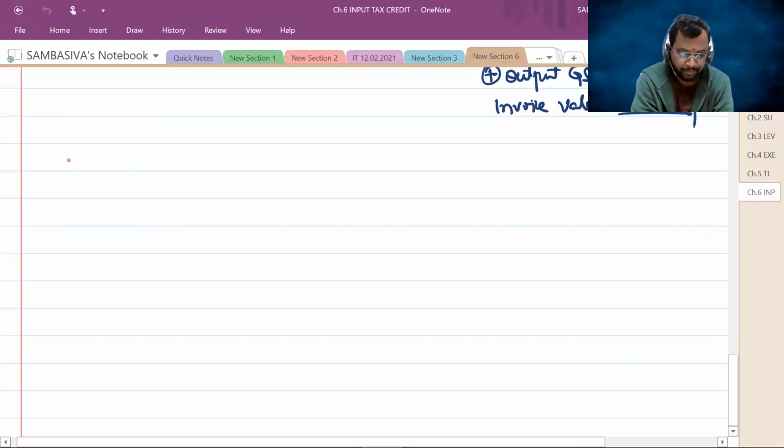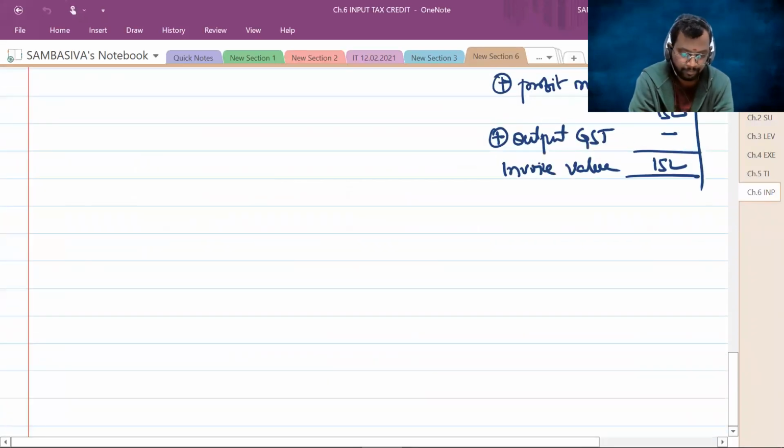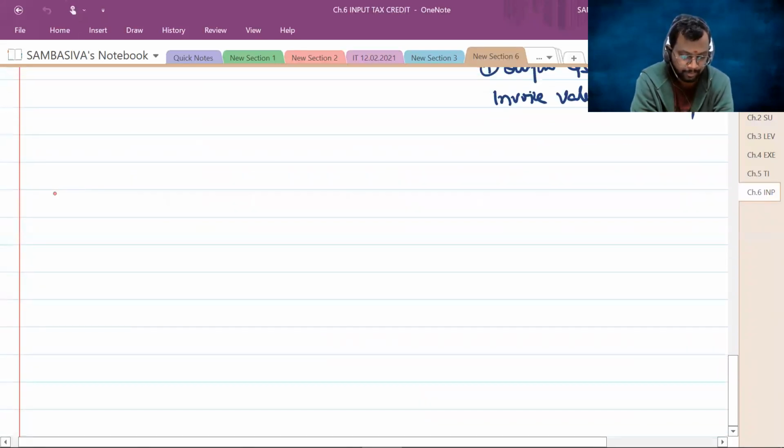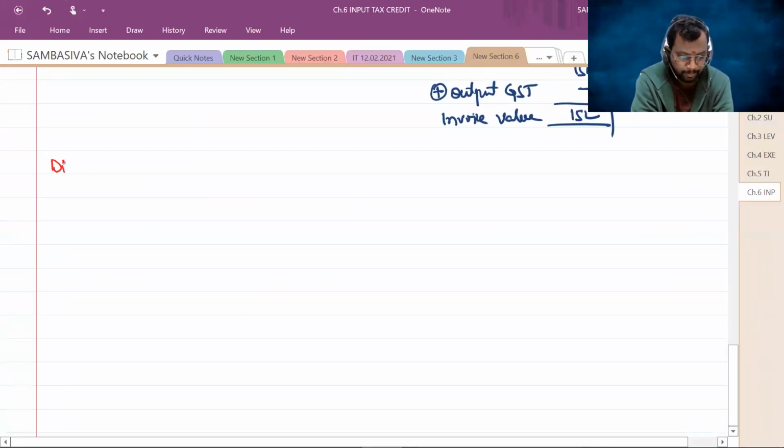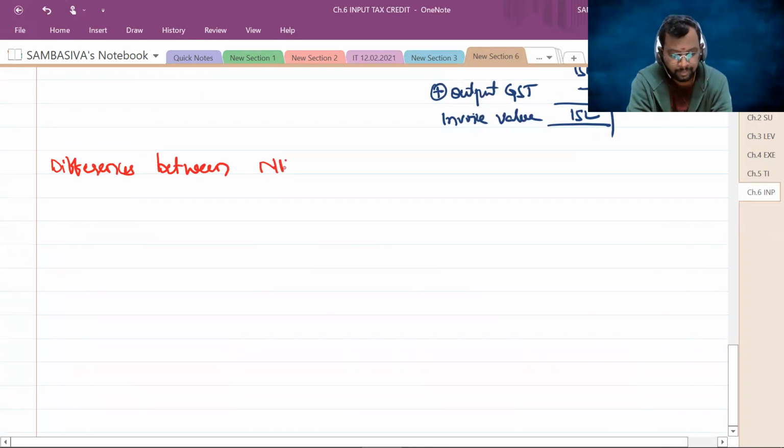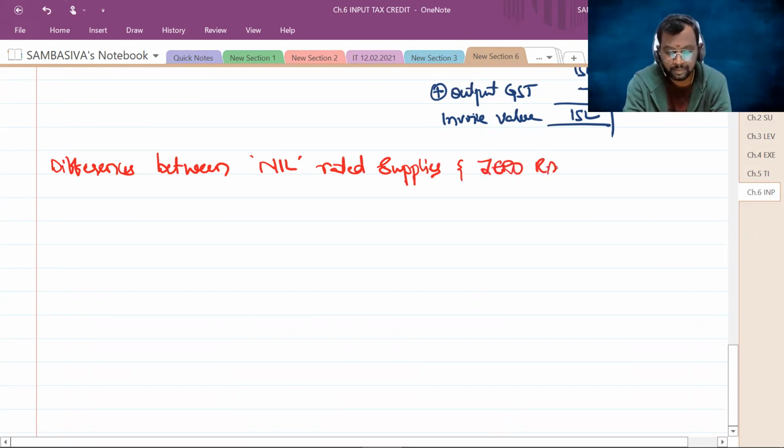Differences between nil rated supplies and zero rated supplies.